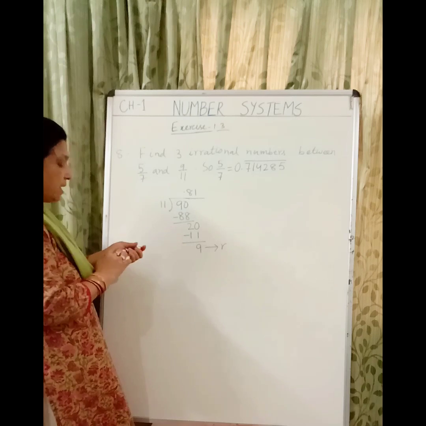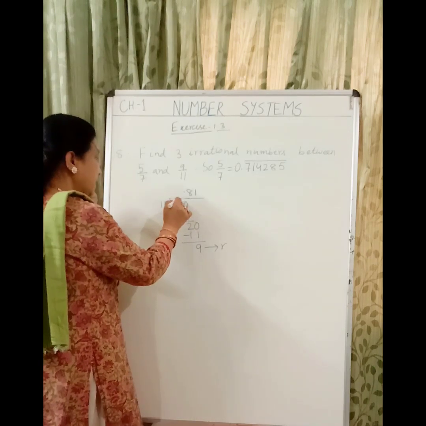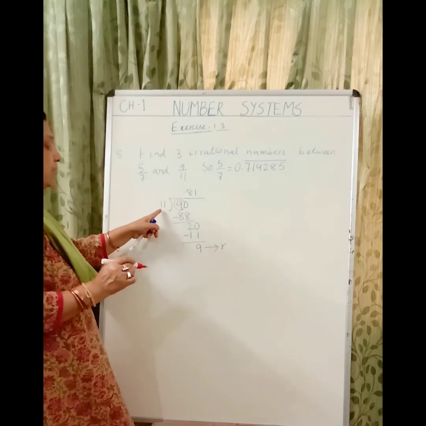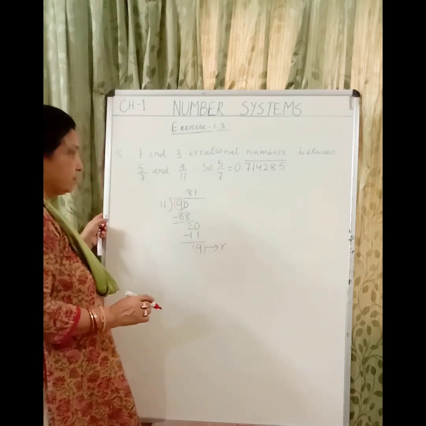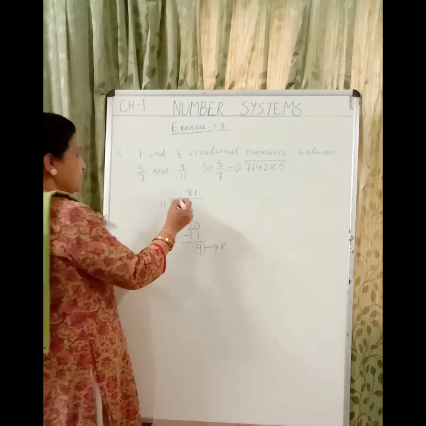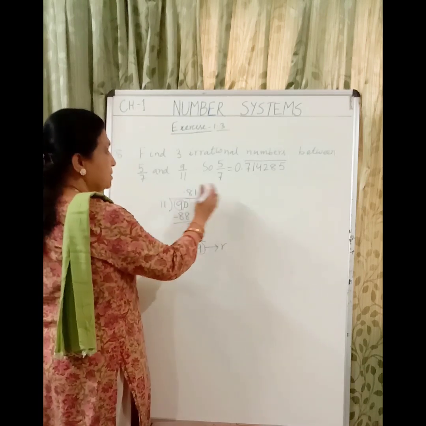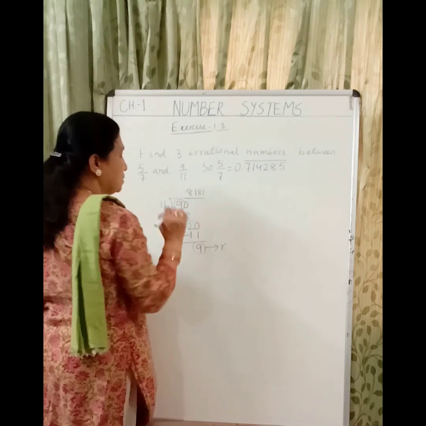We had started our division with 9 by 11, and now we have the same number here to divide. So the division is continued like this. We will be getting 81, 81 and so on.